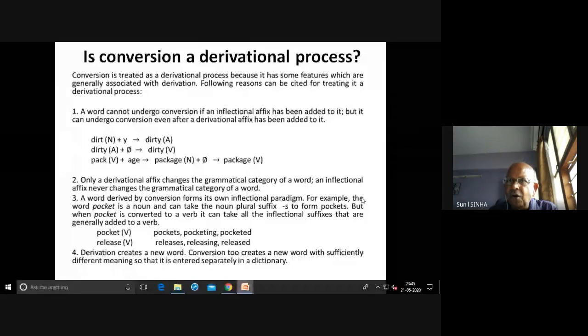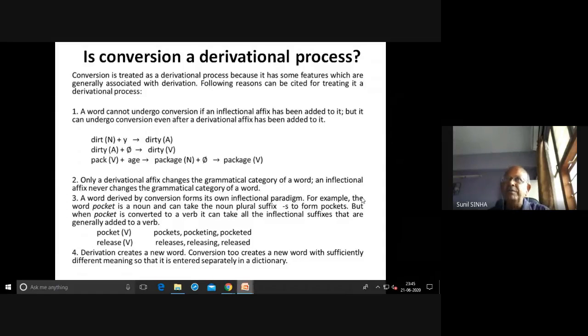For example, false is an adjective. False is falsehood. If you add hood to false, then it is a noun. So a derivational morpheme may change the class of a word, but an inflectional morpheme does not change the class of a word. That is point number 2.